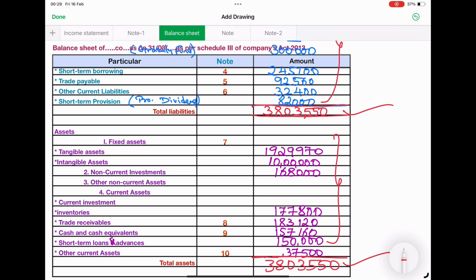So within 20 to 25 minutes, you have to finish both formats, the income statement and balance sheet, along with completing the income statement. Then once you are done with your income statement, next you are moving on to note 1. Note 1 to 10 you are going to solve.